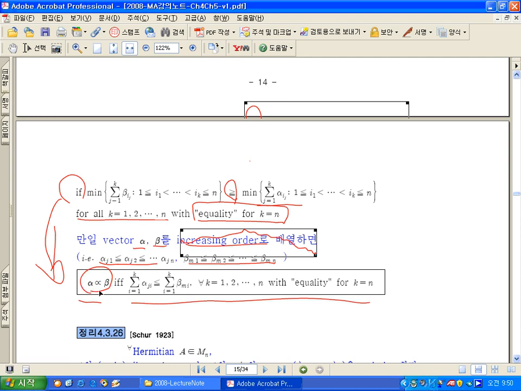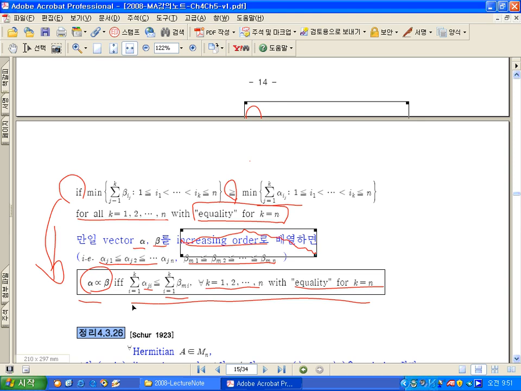Alpha is majorized by beta if and only if the summation of alpha_i from i equals 1 to k is less than or equal to the summation of beta_i from i equals 1 to k for all k, with equality for k equal to n.